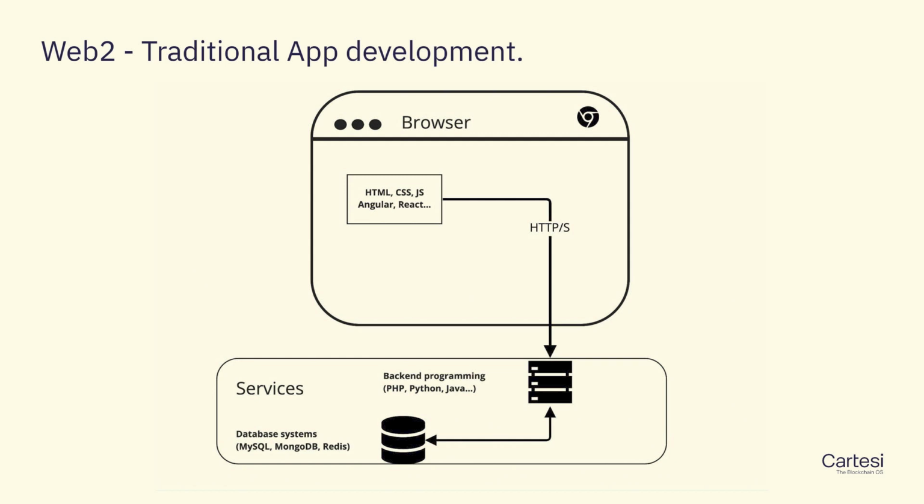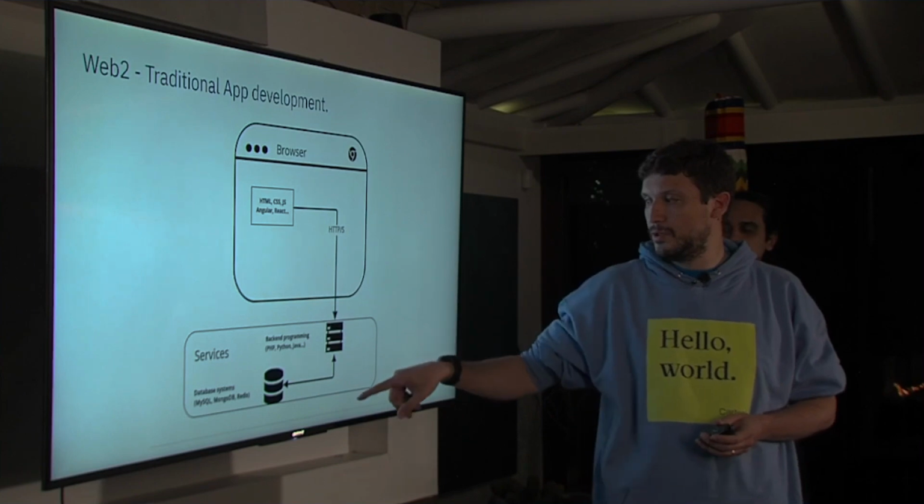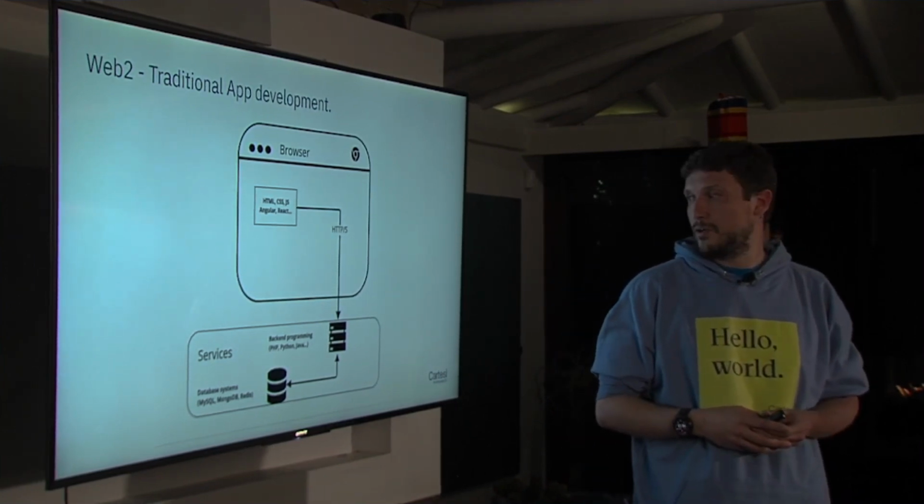The browser is generally your front end, and you develop an application using one of the famous frameworks, like Vue, React, Angular, and the technologies involved are HTML, CSS, and JavaScript. And once you develop your application, it communicates to the server using an HTTP or HTTPS connection.